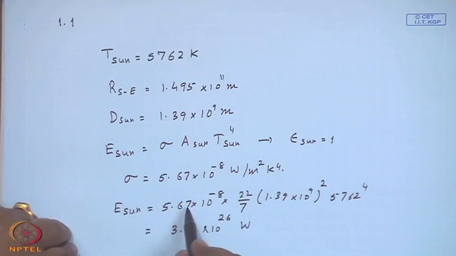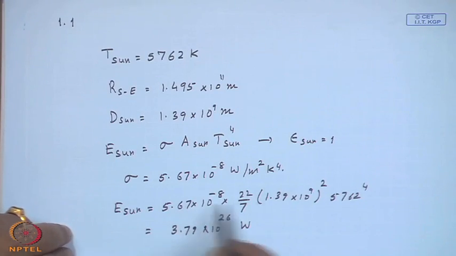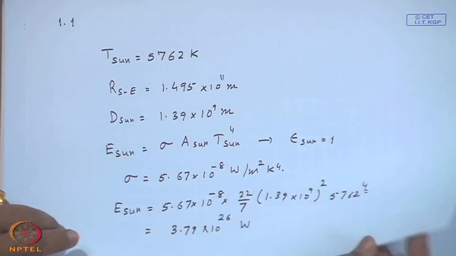So, this has got watts per meter square degree Kelvin to the power 4; degree Kelvin to the power 4 gets cancelled with this, meter square gets cancelled with this. So, I have got 3.79 multiplied by 10 to the power 26 watts.